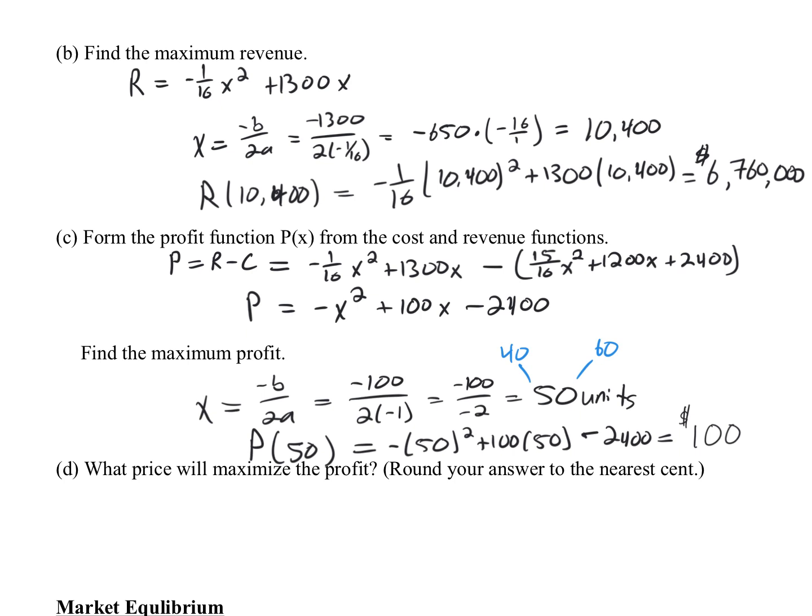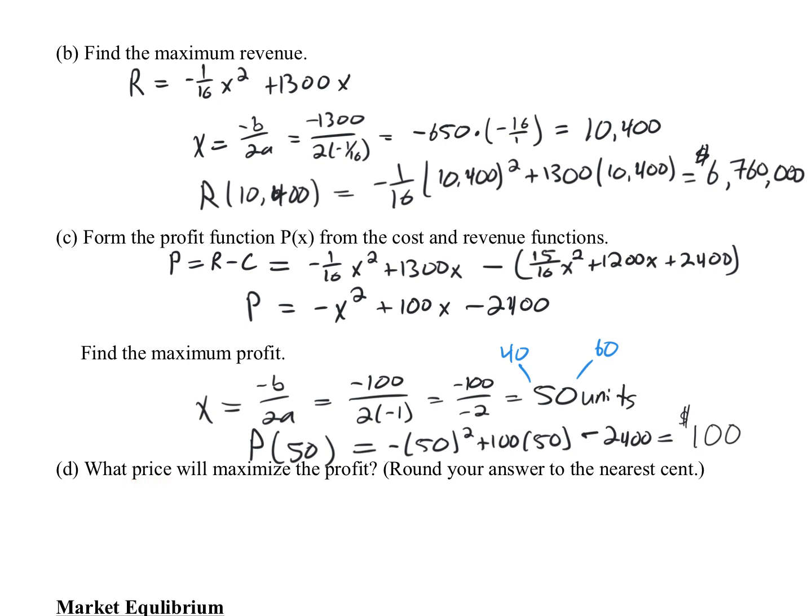Final question here, what price will maximize the profit? So we've been talking about maximum profit. We've answered 2 questions about it. So we have the profit function, we figured out how many units we need to maximize profit, and then we figured out what the maximum profit is. So we are now asked about the price function.